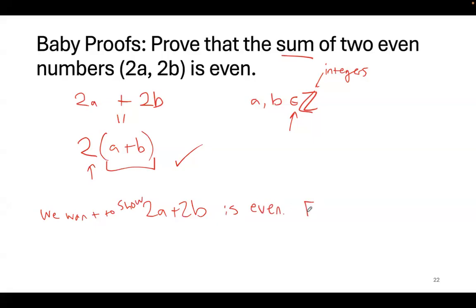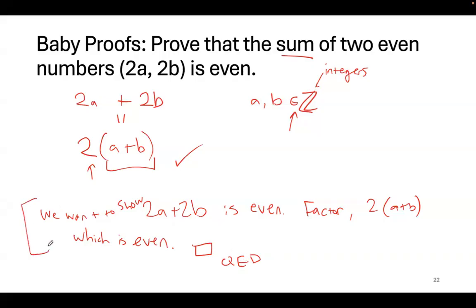Then since it's fairly simple, I would say we factor, and so then we get 2 times (a plus b), which is even. And then we typically end proofs with either a little square or the letters QED, which stands for something in Latin that I don't remember at the moment. And so that's it. That's what I would expect you to write on a test.